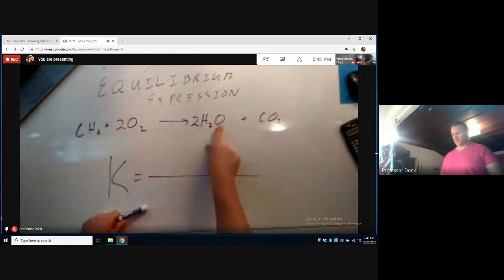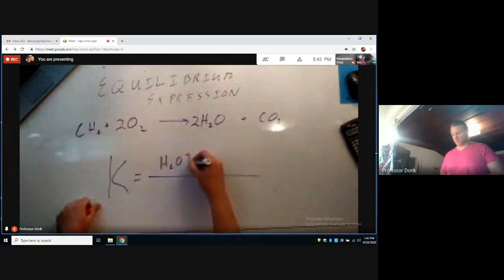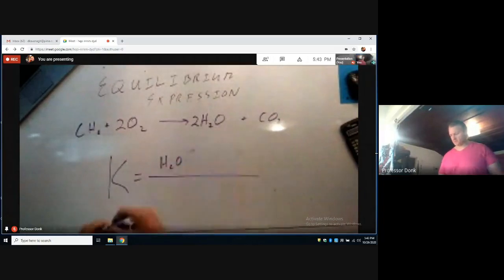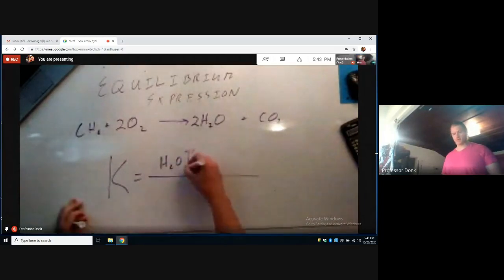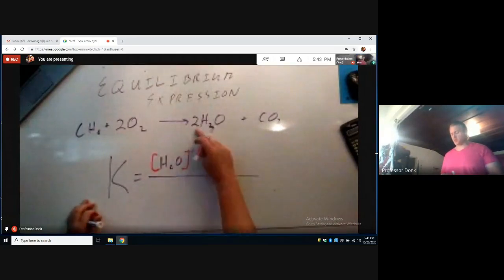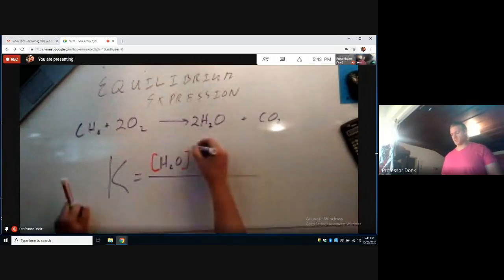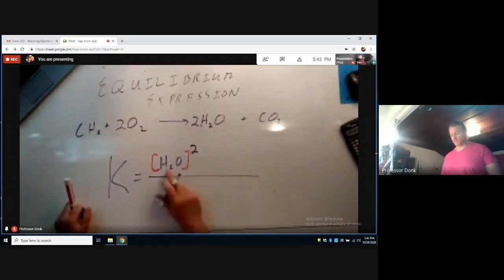This term here, H2O, we need the molarity of H2O, and that's what those square brackets mean. This coefficient from the balanced chemical reaction becomes a superscript, so a squared term. So whatever this molarity is will be squared.